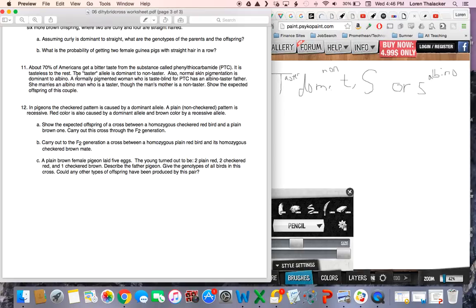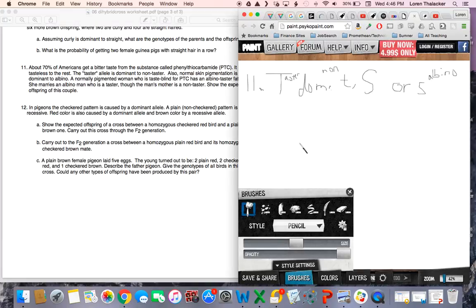Okay, so the next thing we know. A normally pigmented woman who is taste blind for PTC has an albino taster father. So normally pigmented woman, but she has an albino father. So first thing we know she has at least 1 dominant allele for skin color because she is a normally pigmented woman.